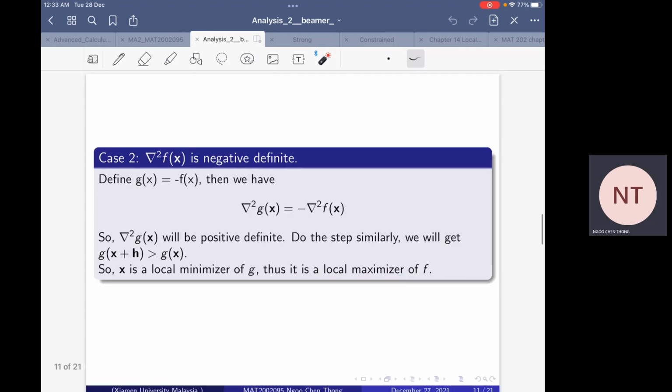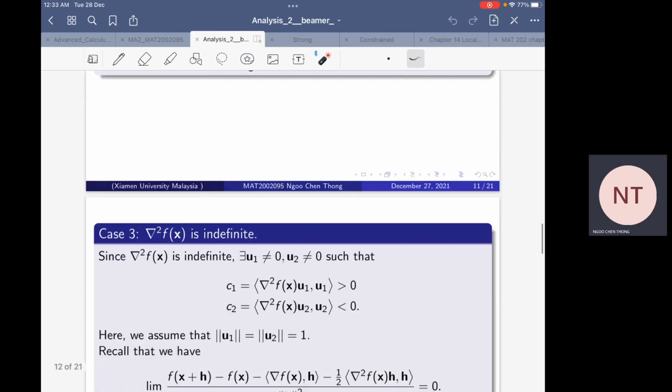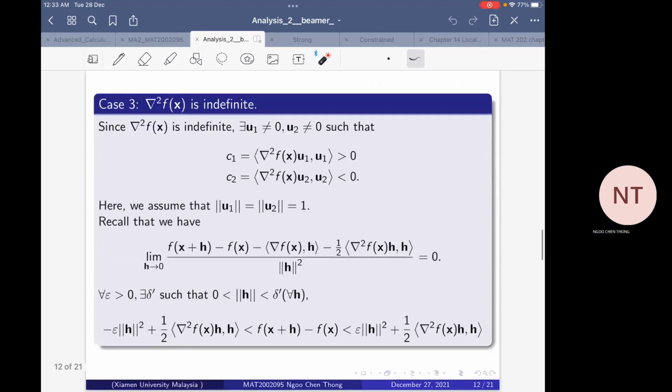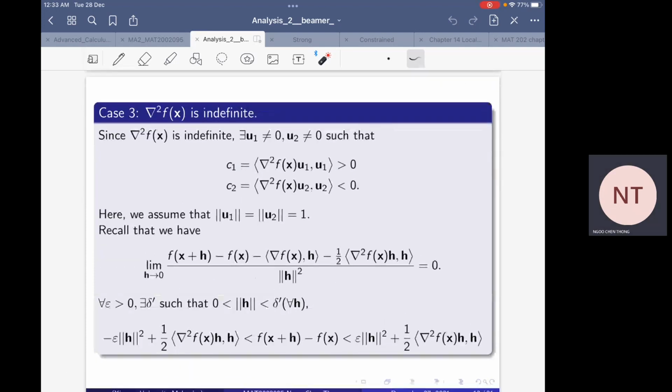Now case 3: the Hessian matrix is indefinite. Since the Hessian matrix is indefinite, there exist nonzero u1 and u2 such that c1, this inner product, is larger than 0, and c2 is less than 0. Here we assume that u1 and u2 have norm 1. If the norm is not 1, we divide by its norm, then we get norm 1.